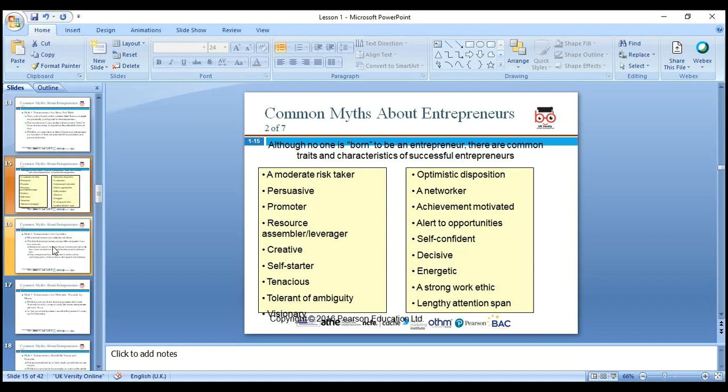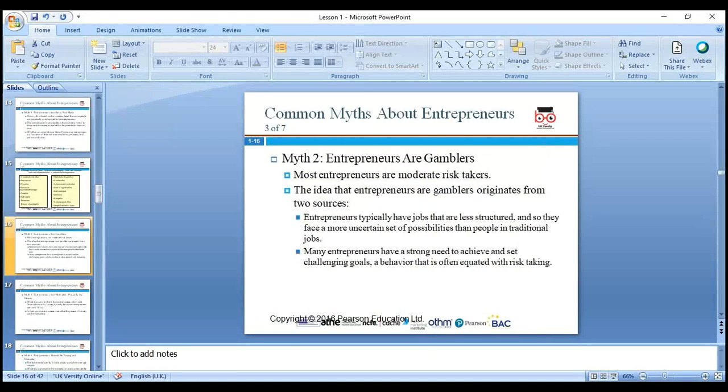All these characteristics need to be within the individual to become successful, and some are very crucial, like being persuasive and self-motivated. Energetic, and you need to be self-confident. Whatever you do, you have self-confidence. It doesn't matter whether you know or don't know, you carry on learning from your mistakes. You have confidence in what you will do, and you will be successful.